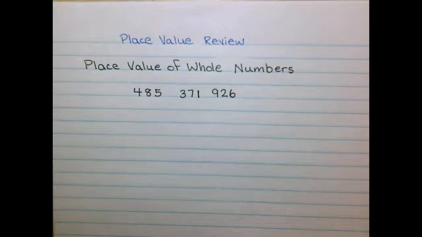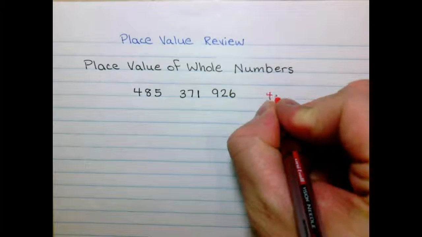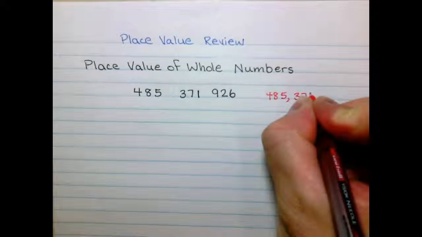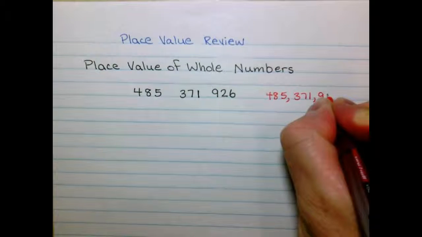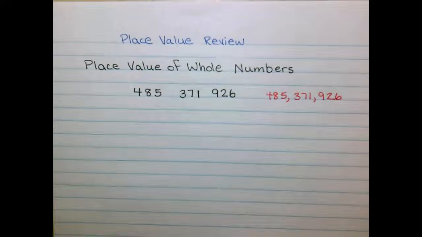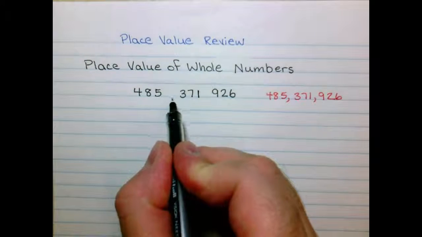The American way would be to write the same number, 485,371,926. The reason we no longer use the comma is that in many countries the comma is used the same way that we use a decimal. So we've gone to using a space.